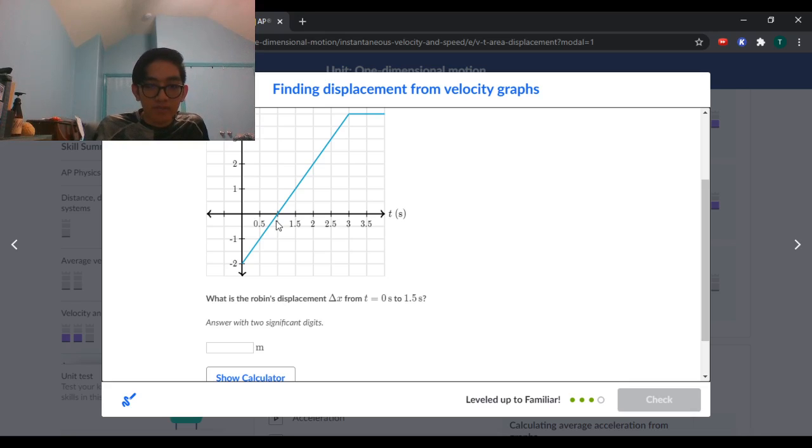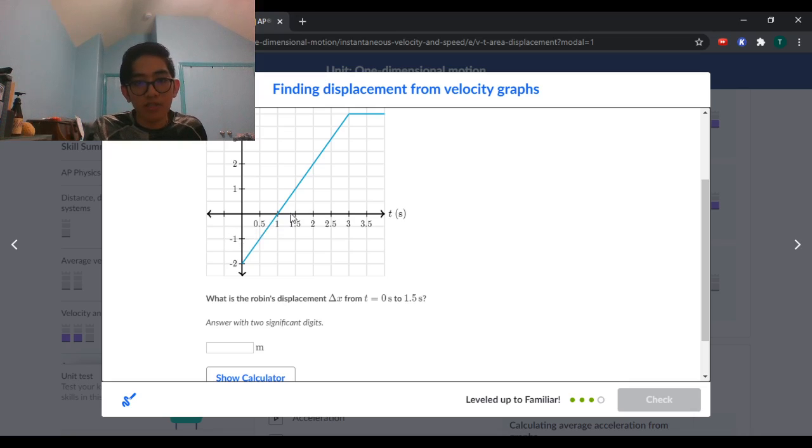You should be able to find that displacement all on your own. Oh, shoot. That's -1, right? So that's -1 meter for the displacement right here.